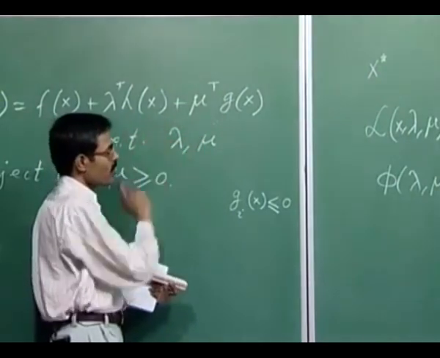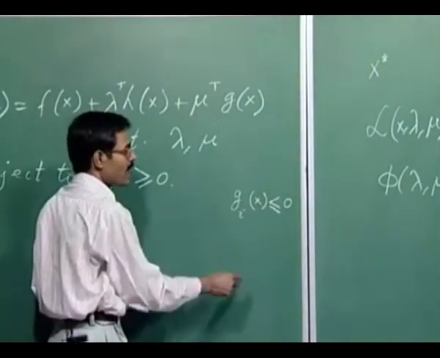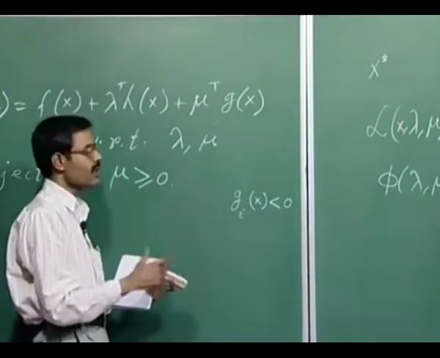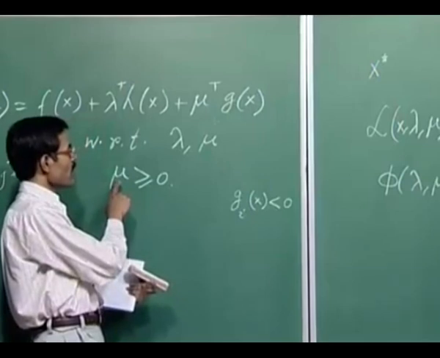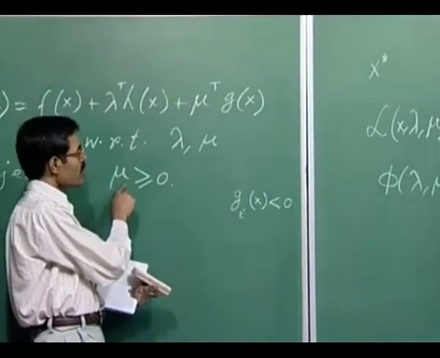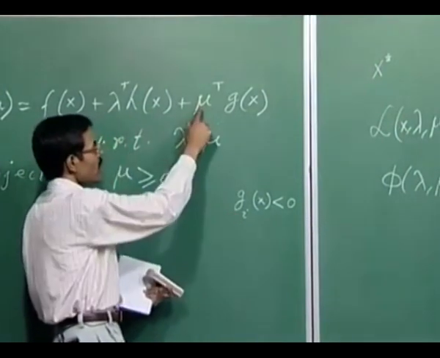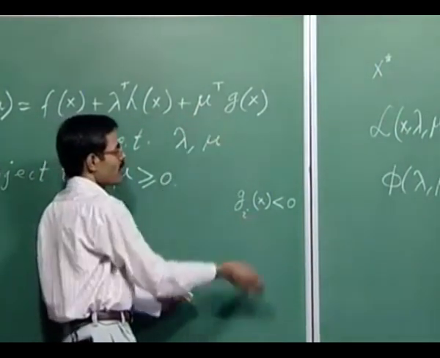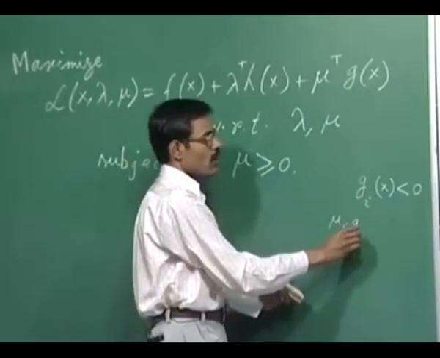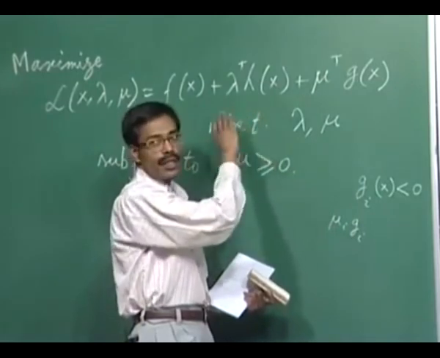Since we are solving a maximization problem, for every gi which is negative, we would like to keep mu 0, because if mu is positive and gi is negative, then the corresponding product mu i gi that you will get here will be negative, and we are maximizing this function.